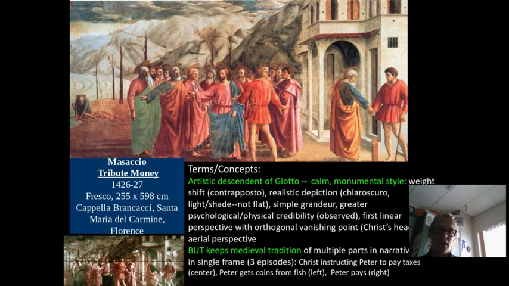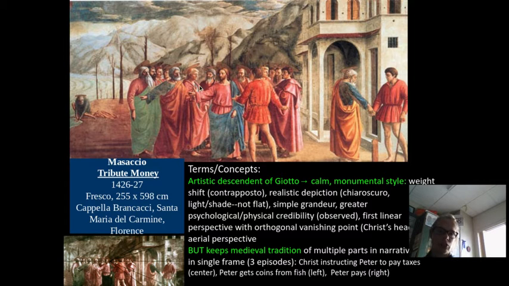In the center, we can see Jesus talking to Peter and the disciples. Peter's asking how we're going to be paying taxes, and Jesus tells Peter go over to the water here and look for a fish, and there will be coins in the fish's mouth. So pick those out and we'll pay the tax collector with those coins.